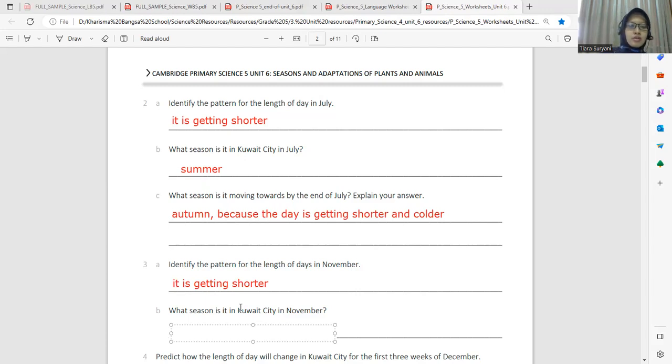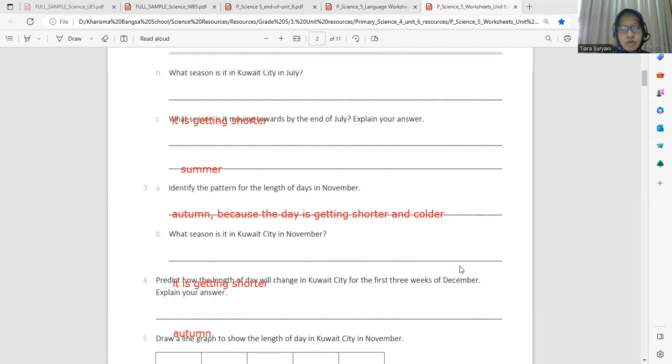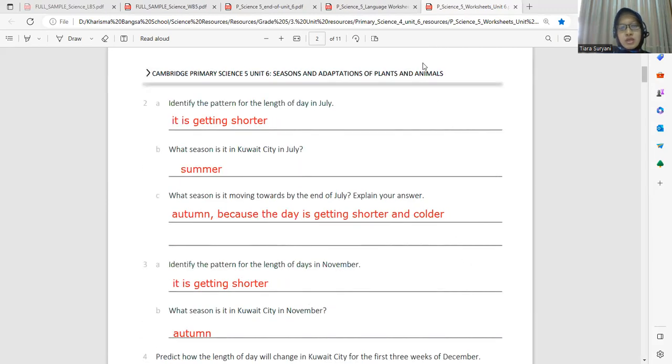So from autumn to winter, the day is getting shorter and shorter. November is autumn, but it starts to go toward winter. In December, of course, it will be getting shorter because it is winter, right? So in November, it's about autumn to winter.